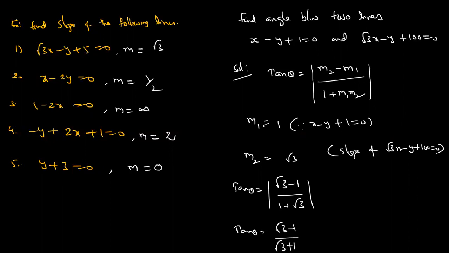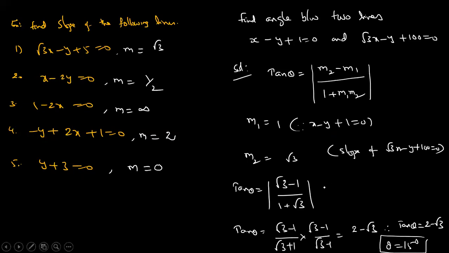Anyone remembering this one? If you rationalize this, you get 2 minus root 3. Therefore, tan theta is equal to 2 minus root 3, which means theta should be 15 degrees. Tan of 45 minus 30, or 60 minus 45, you can apply, and you will get 15 degrees.